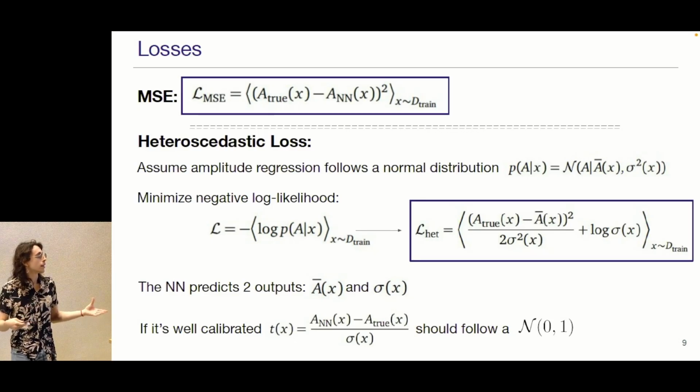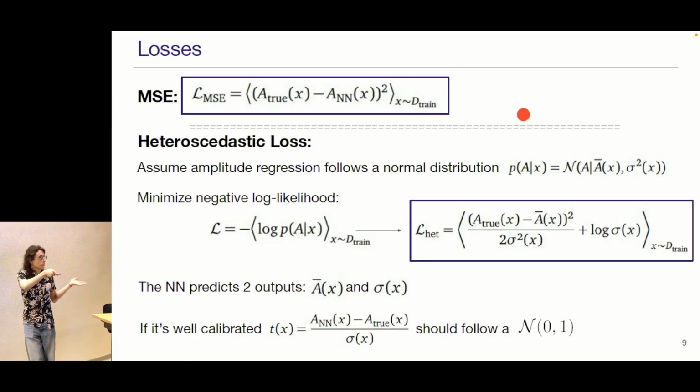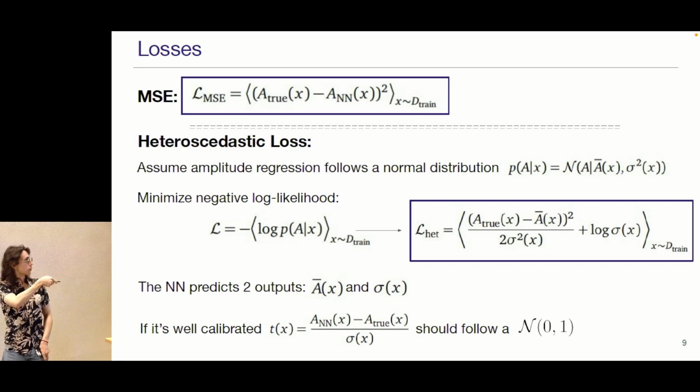You get this loss by assuming that the amplitude regression follows a normal distribution, in the sense that the probability of predicting an amplitude A given a set of initial momenta follows a distribution that has a mean and a standard deviation that you don't know. Then you take the negative log likelihood and try to minimize it, of course. So you minimize it, and you get this new loss that is just the negative log likelihood of a Gaussian.